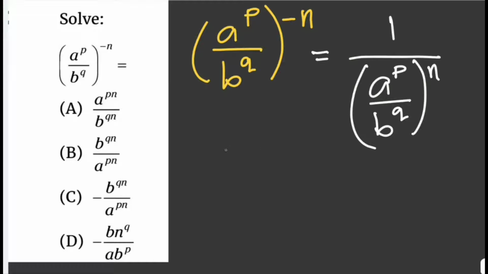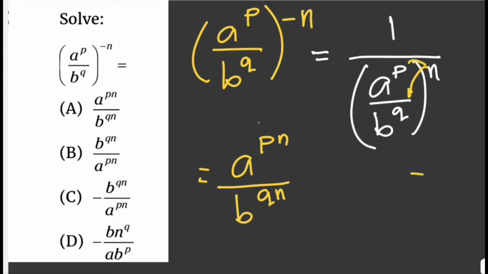Then we can distribute the exponent n to the expression inside the parentheses. We use the power to power rule. So that would become a to the pn over b to the qn. Oh, that should be 1 over that.